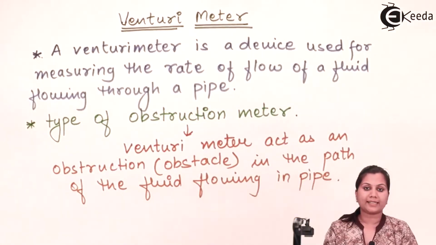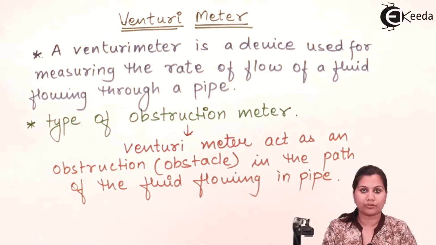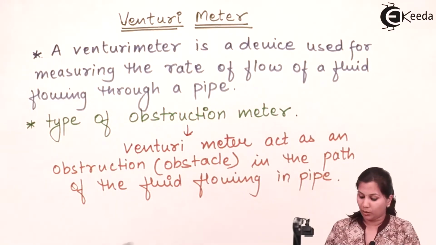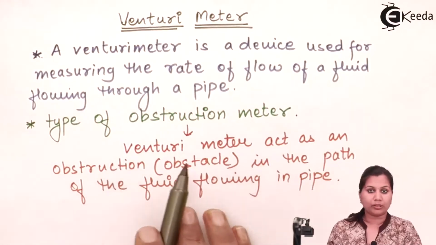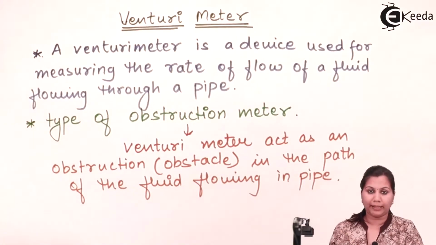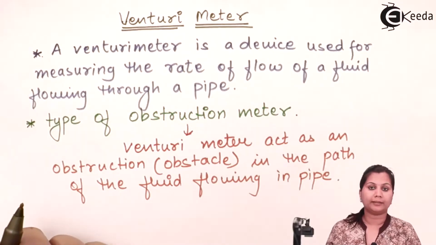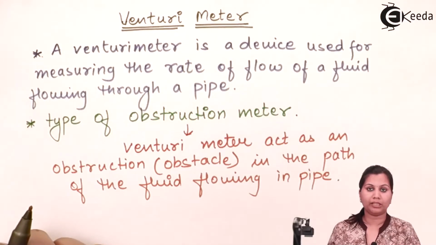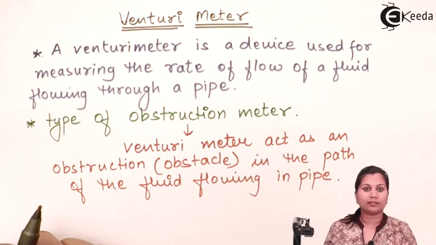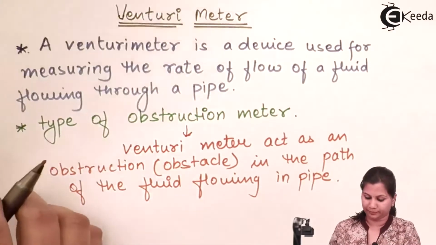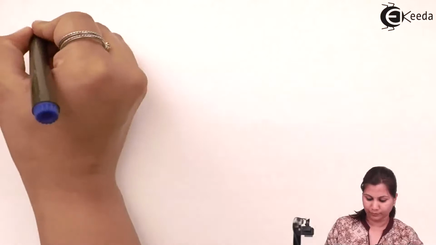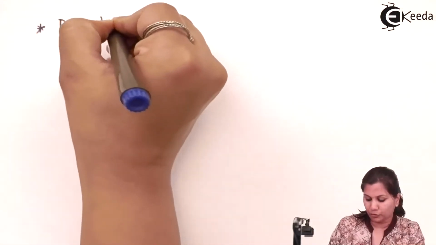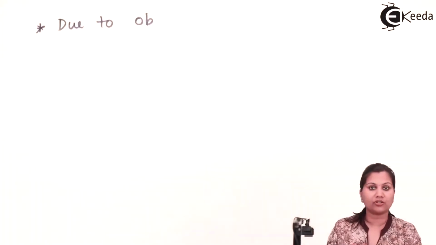So because it is acting as an obstruction or as an obstacle, it is called an obstruction meter. Now, when this Venturi meter is placed in the pipe, it is acting as an obstruction, and due to the presence of the Venturi meter, the change in the pressure occurs. So due to obstruction, there is a change in the pressure in the fluid.